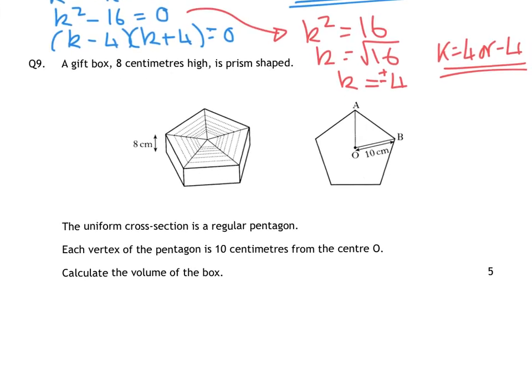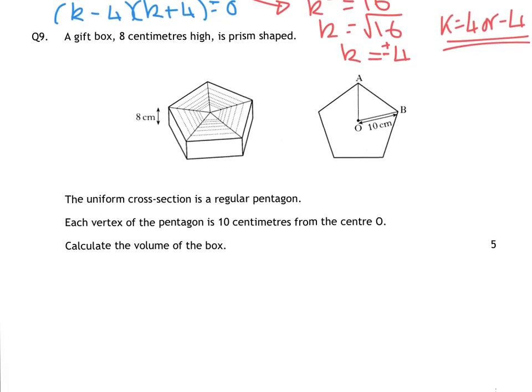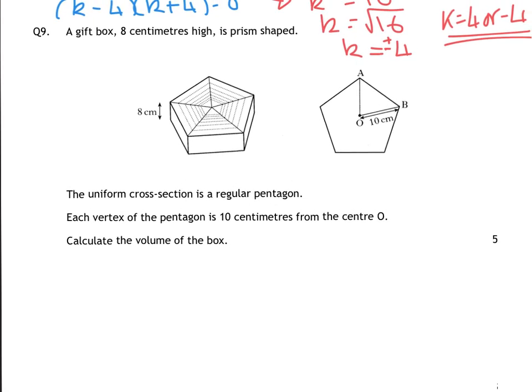My next question is looking for the volume of a box. Now the box is like a prism with a pentagon on the top. So the volume for a prism is V equals AH. So it's the area of the top of the shape times how deep it is in this case. So I know my height is 8, but I don't know my area.